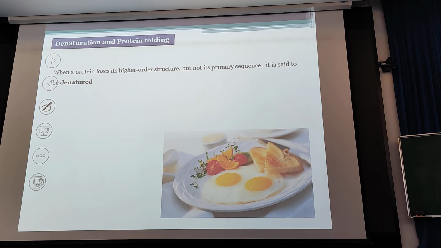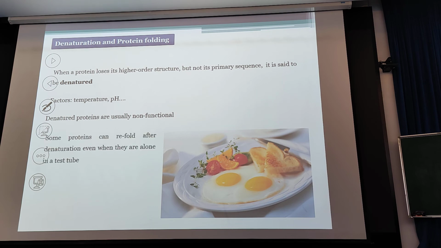The factors that may affect proteins are temperature and also pH. Denatured proteins are usually non-functional. Some proteins can reverse after denaturation, even when they are alone in the test tube, but it's not a lot.